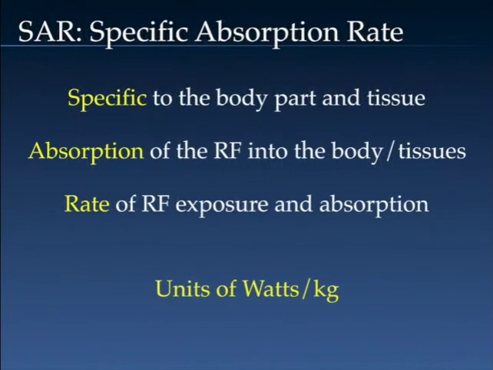The amount of RF energy absorbed into the tissue is given by SAR, specific absorption rate. You can break this wording down: it's specific to the body part and the tissue, and it's the amount of RF absorbed at the rate of the RF exposure and absorption. It is in units of watts per kilogram.